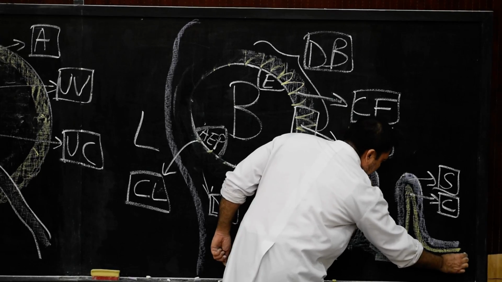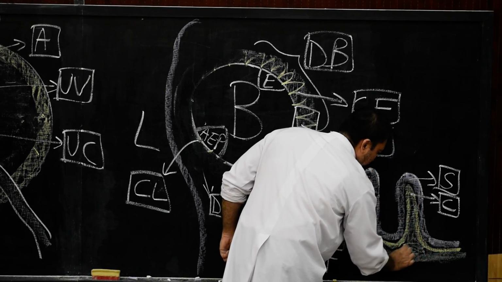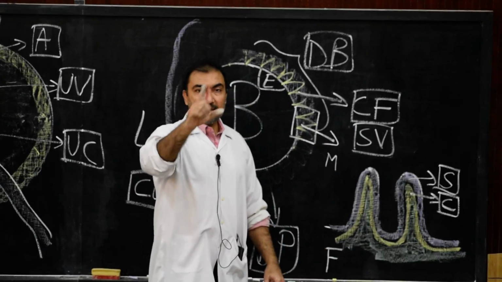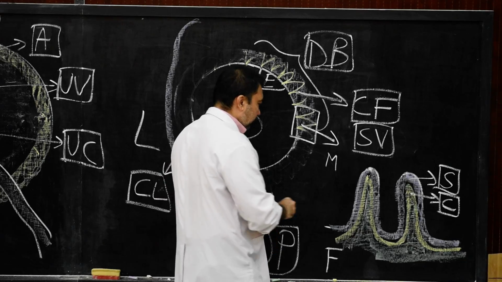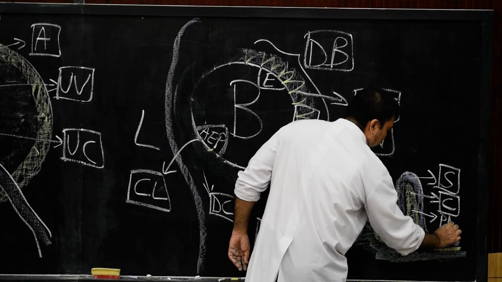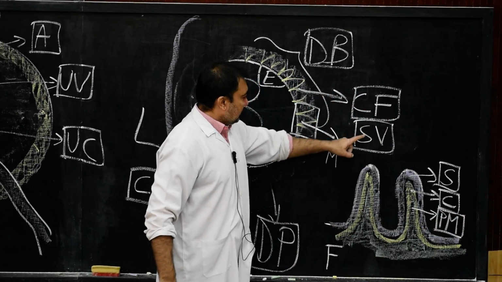What will the central core contain? Primary mesoderm. So here I will add this layer which will be known as primary mesoderm. So now the central core contains primary mesoderm.